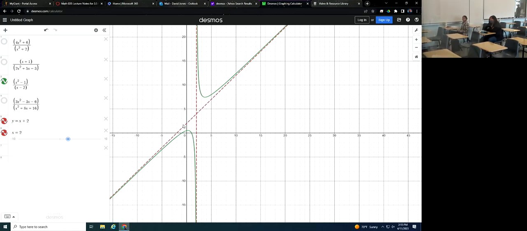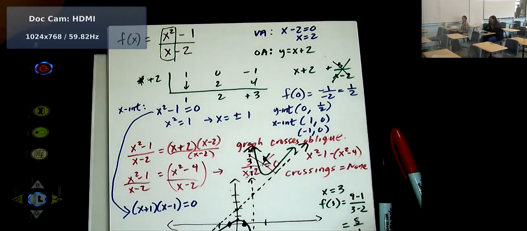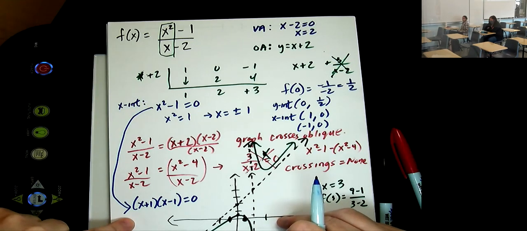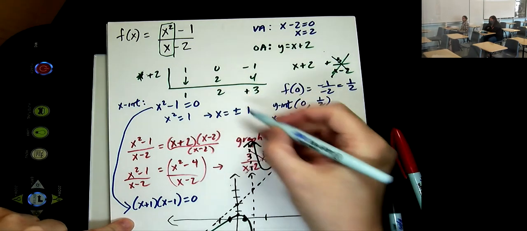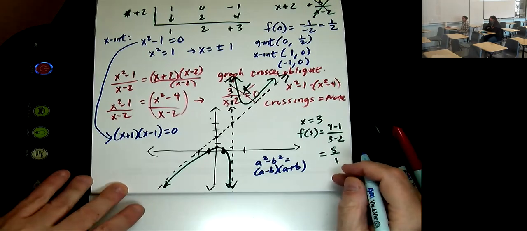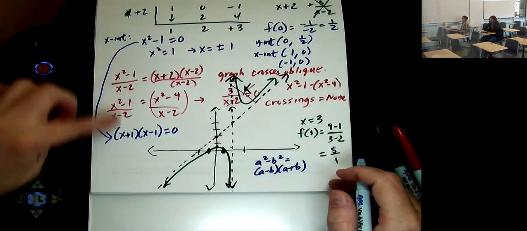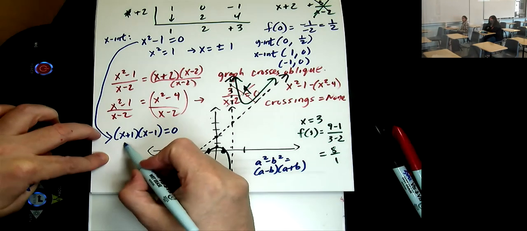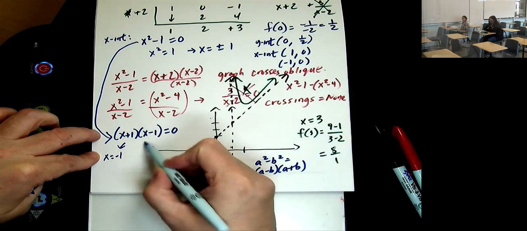X squared minus 1 does factor into this. This is a difference of squares: a squared minus b squared equals a minus b times a plus b. And clearly, when I set each of these equal to 0, that gives me -1, and that gives me +1.